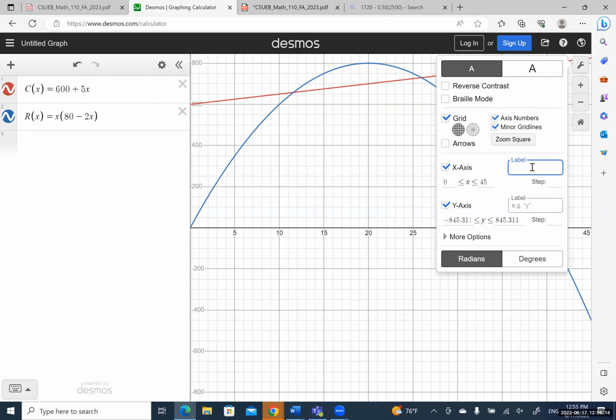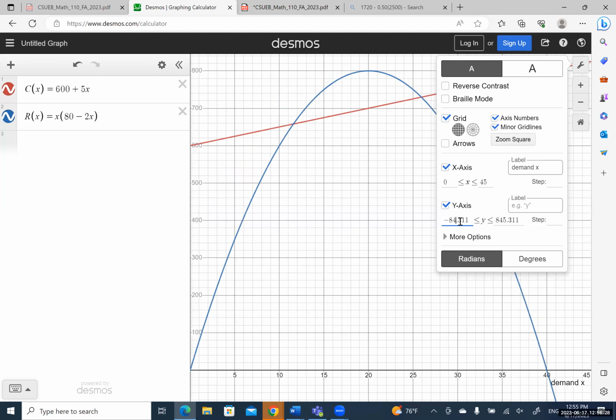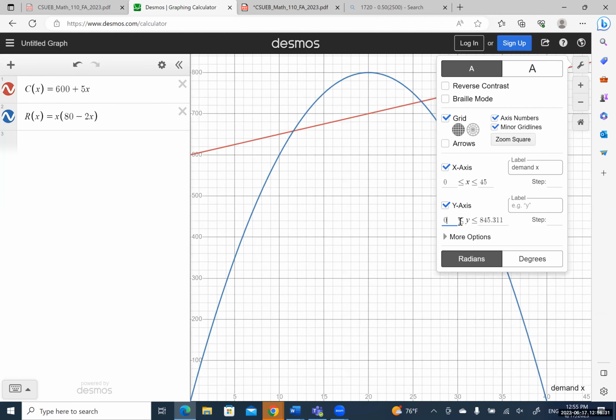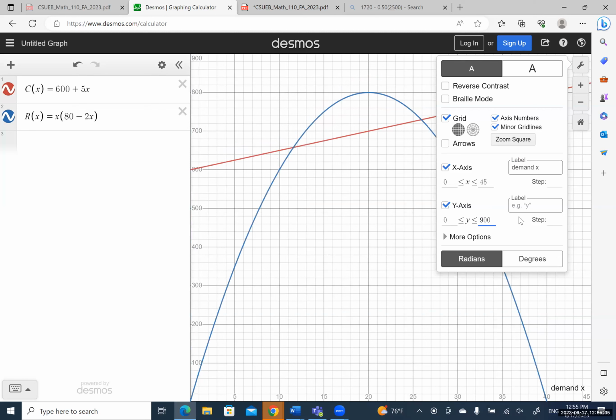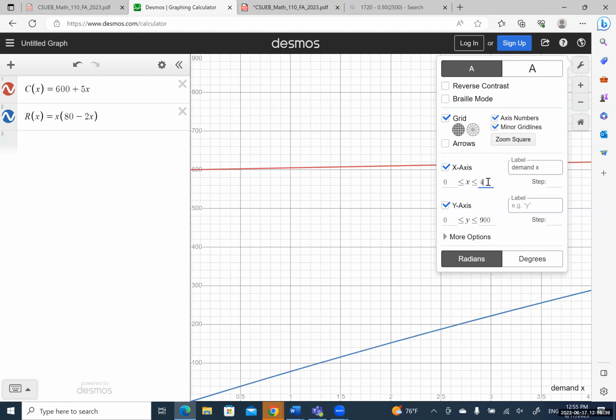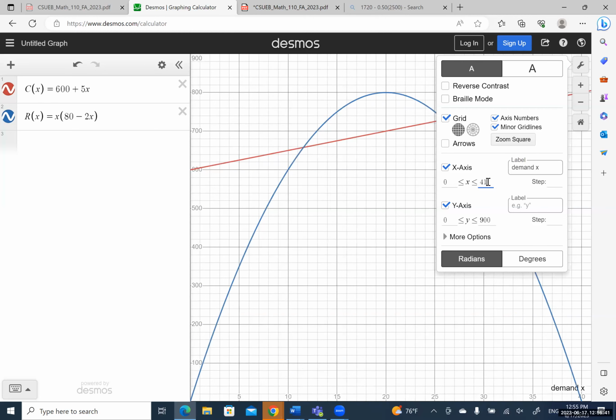And I label my x as the demand. And the y is going to be from 0 up to, I'm going to say, 900.